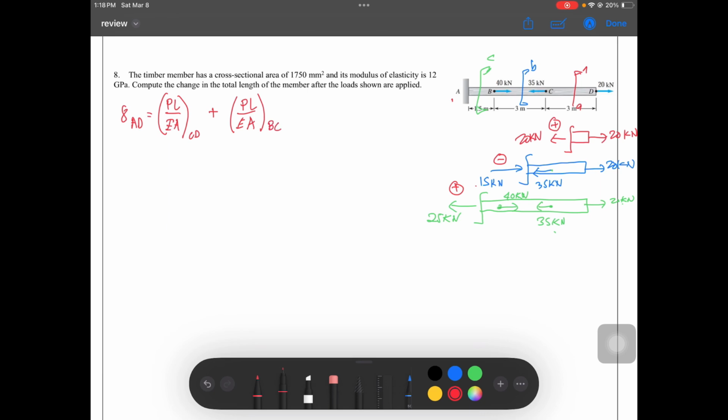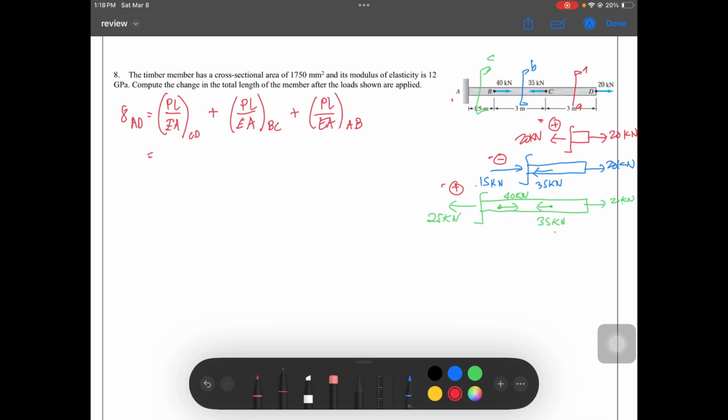BC. And then, member AB. So, be mindful sa mga sign nila mamaya. So, substitute na tayo.